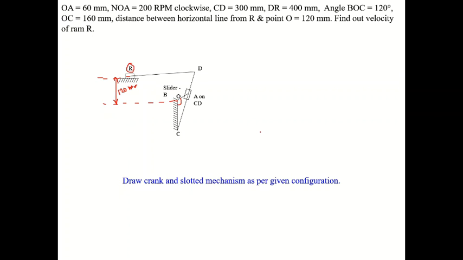First we have to draw the space diagram. For drawing the space diagram, let us use a scale, because CD length is 300 mm, which means 30 centimeter, so you cannot fit this diagram inside the drawing sheet. That's why we have to scale it.